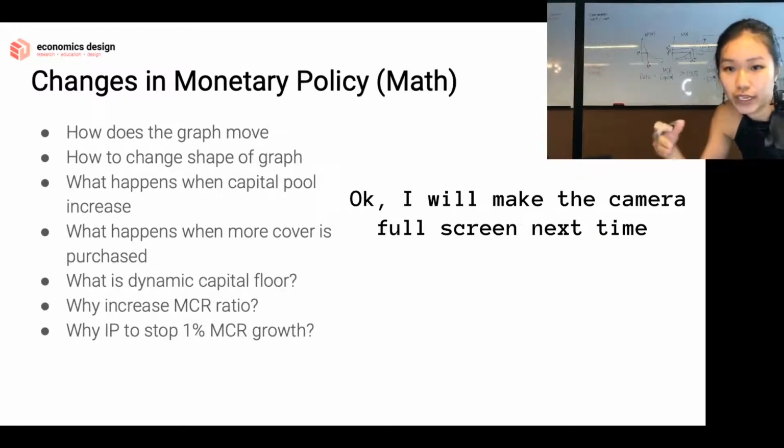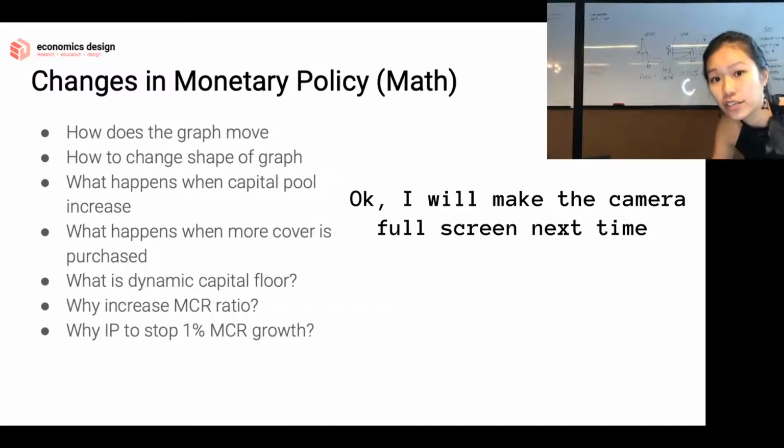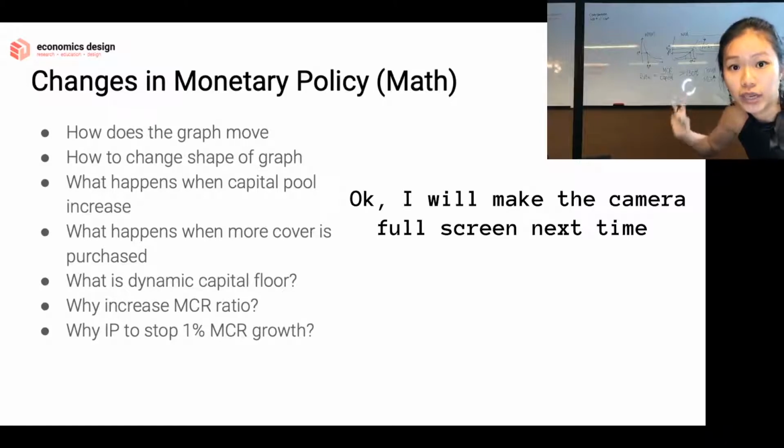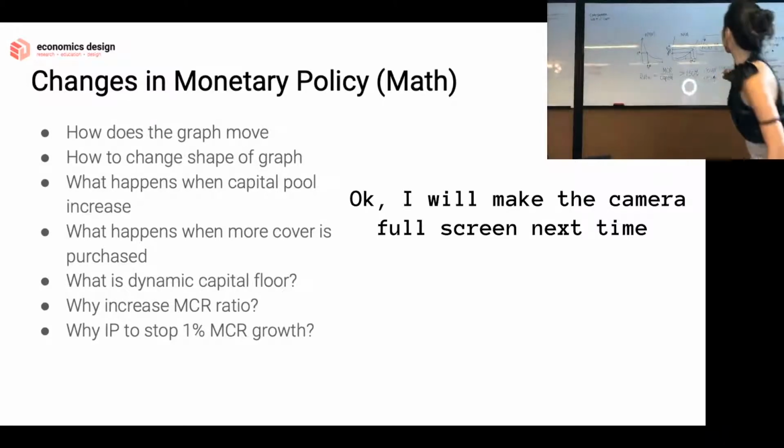That's the minimum capital required to cover the cover being bought. At the same time, something else increases. When I'm adding money to buy cover, I'm also adding money into the capital, right? The total capital pool also increases.